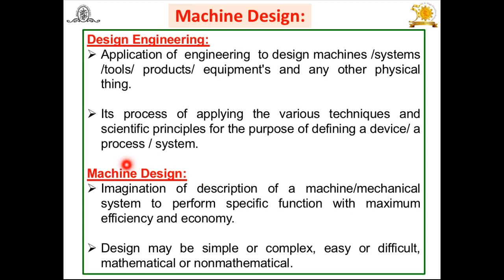That is how we define it: a process of applying various techniques and scientific principles, imagination and description of a machine or mechanical system to perform a specific function with maximum efficiency and economy is known as machine design. Design may be simple, complex, easy or difficult, or sometimes mathematical or non-mathematical.